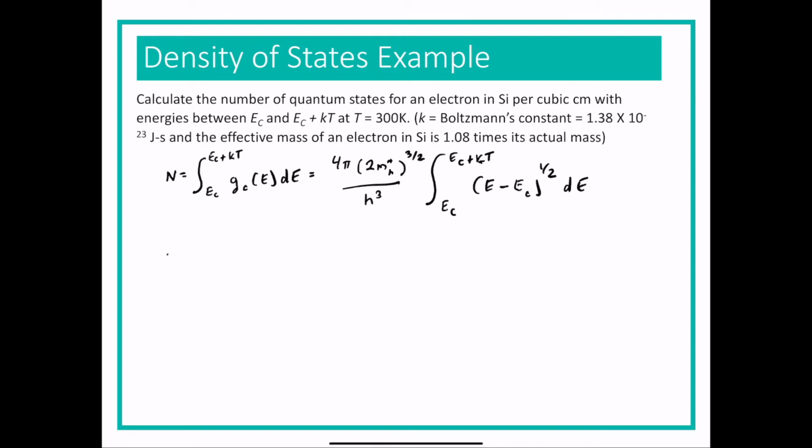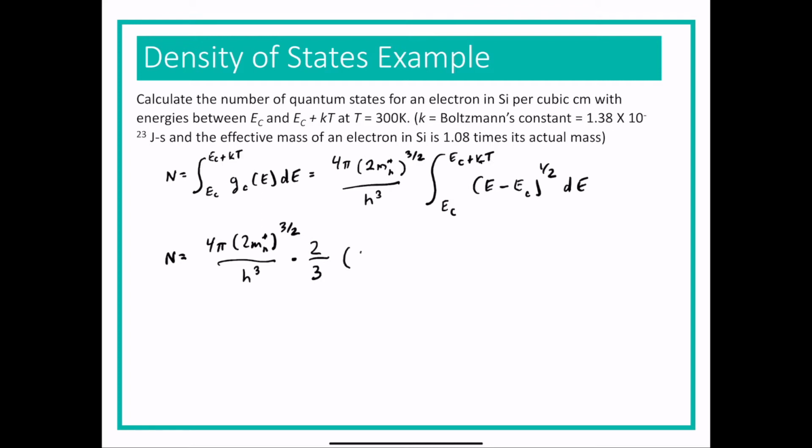So this means that the number of states is 4 times pi times (2 m_n star) to the 3/2 over h cubed. And then in order to integrate and make it come out right, we have to have a 2/3 here, because the function on the inside is going to be up to the 3/2.